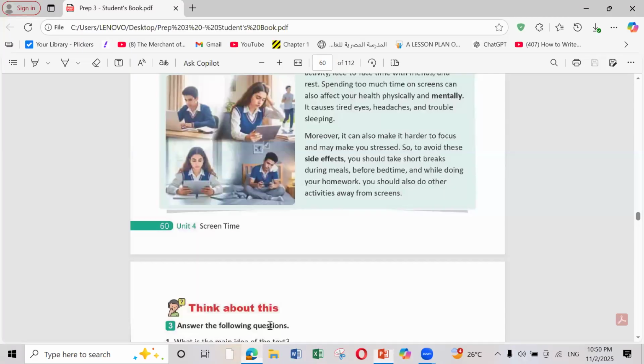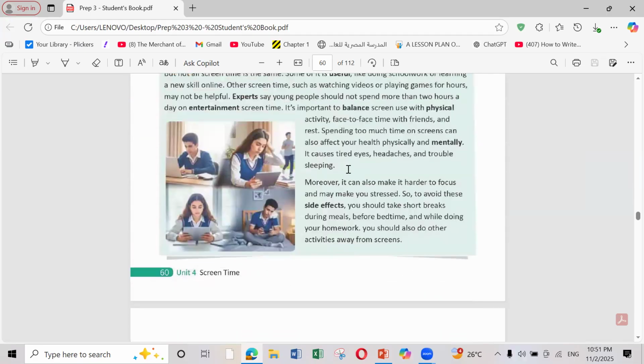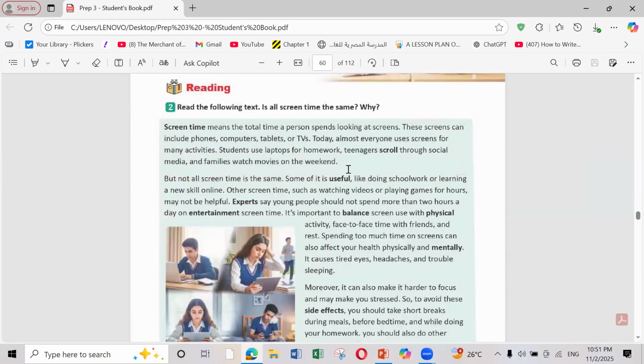Let's go back to the text here. As you see, we have to think about these questions. Answer the following questions. The first question is, what is the main idea of the text? I want you to go back to the text and think about the main idea. How can you find out about the main idea of the text?